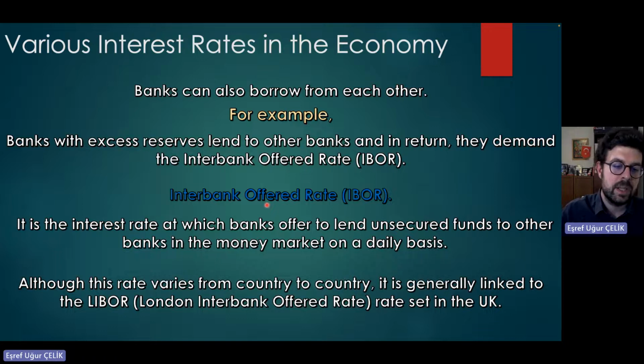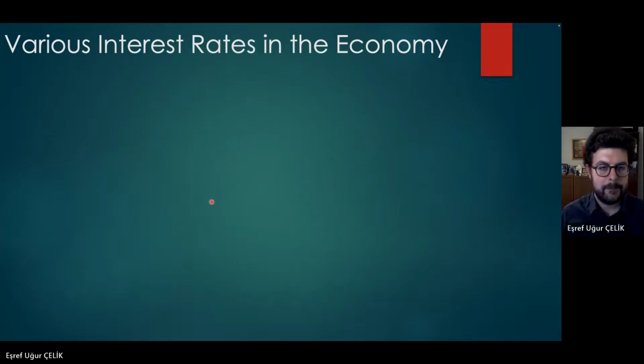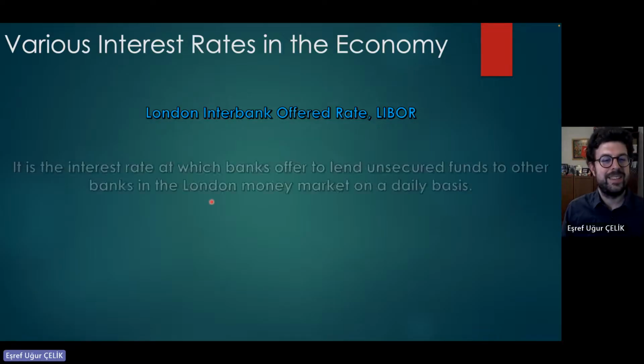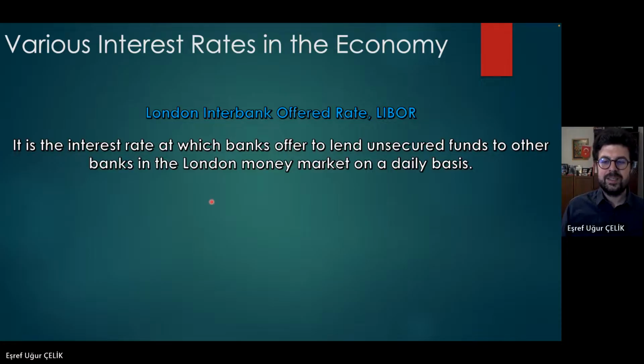You can maybe easily tell from the name of the interbank. The banks give their money to the other banks, and the rate is called IBOR or LIBOR. In Turkey, IBOR. In London, LIBOR. But IBOR comes from the LIBOR, don't forget. Okay, we already talked about LIBOR.